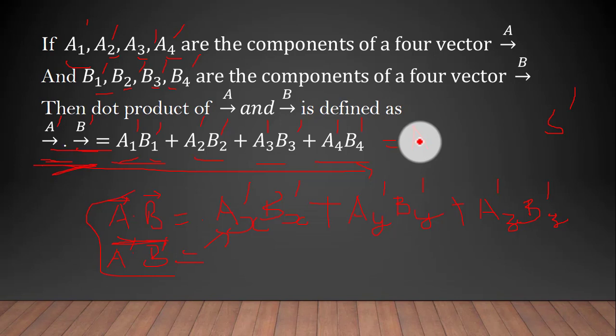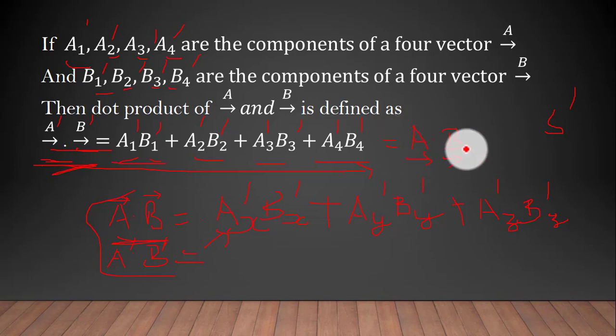The dot product of these 4 vectors. Since these are 4 vectors, A prime dot B prime will be equal to A dot B.